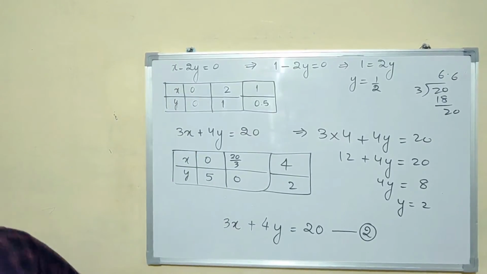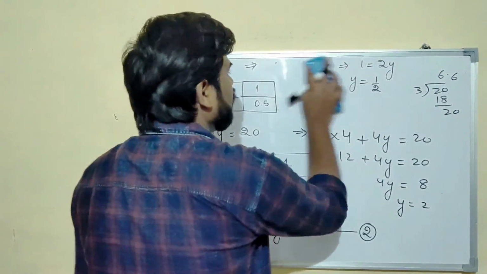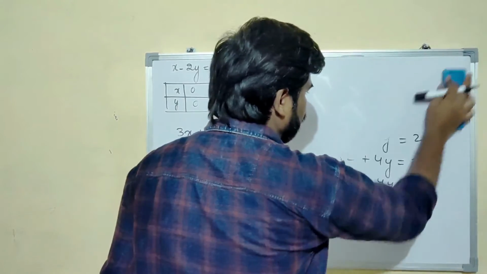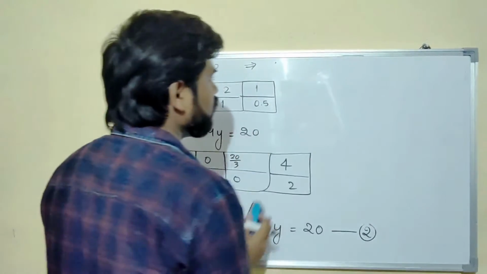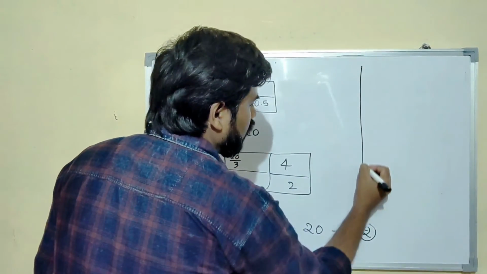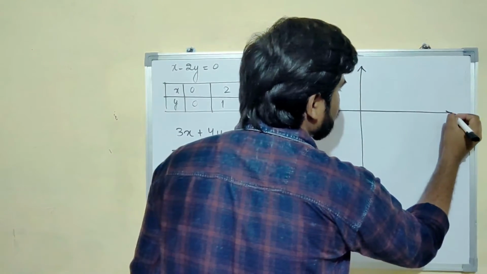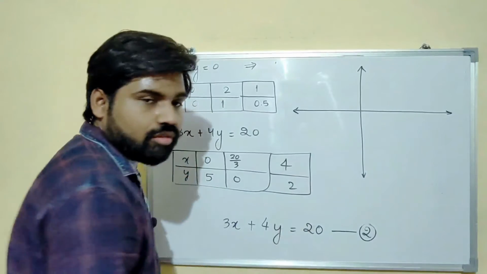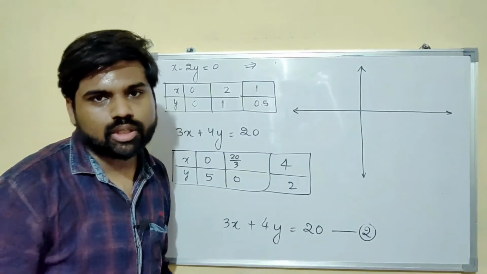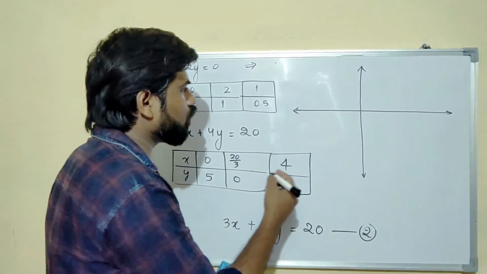Now let us draw a rough graph for this information which we have. I'm drawing it here. I'm repeating again that this graph is not to scale because I'm drawing it roughly. After this, I'll show you the fair graph which is given in your book.